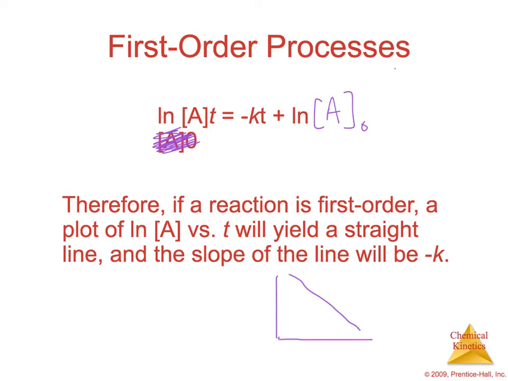So if we have concentration data for A, and we have time data, and if we plot the natural log of our concentration data versus time, so that would be a third column here, natural log of A, and we get a straight line like this, then we'll know that's a first order process, because the plot of the natural log of the concentration versus time, if it's a first order reaction, will give us a straight line.